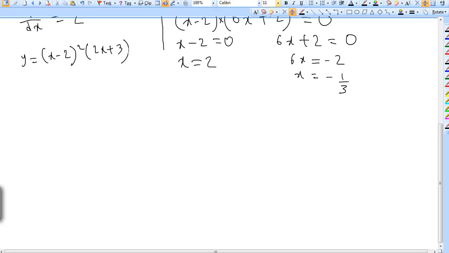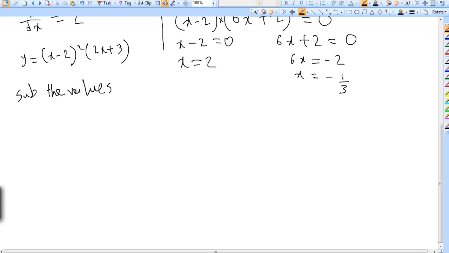So now let us substitute the values of x into, let this be equation 1. Okay, equation 1.